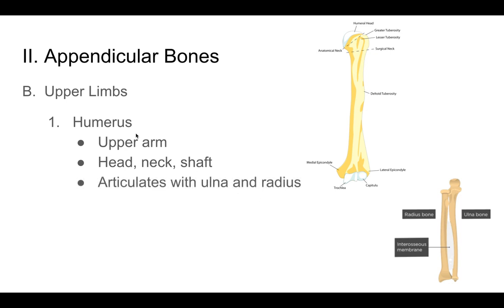So the humerus, if you follow the humerus all the way down to your elbow, so if you follow it distally, you'll find that it connects with the 2 bones in your lower arm, which are called the ulna and the radius. And really, this creates a bit of a hinge joint. And so if you hold your arm out and then kind of flex your bicep, if you try that right now, you'll notice that your elbow is operating like a door hinge.